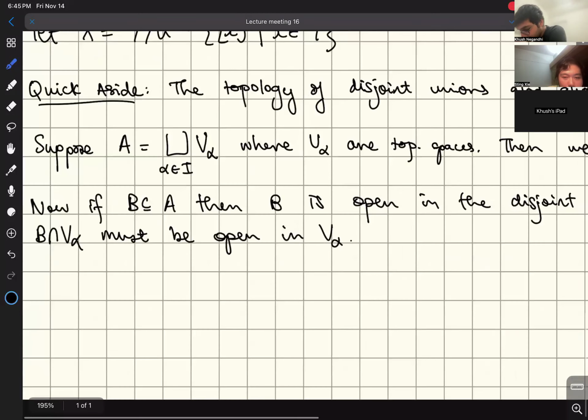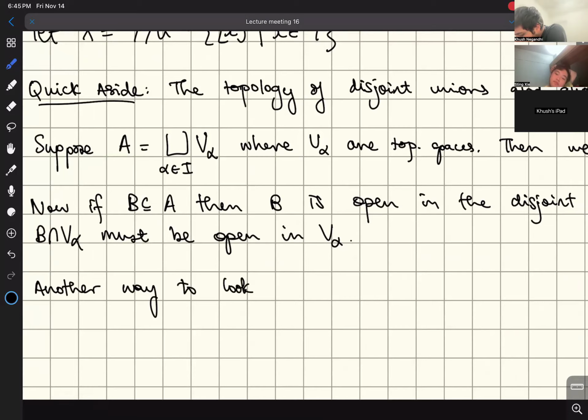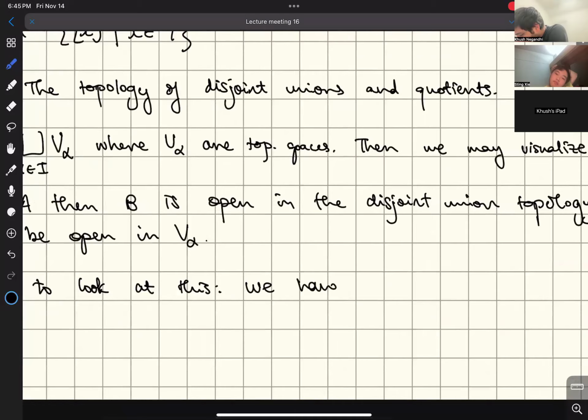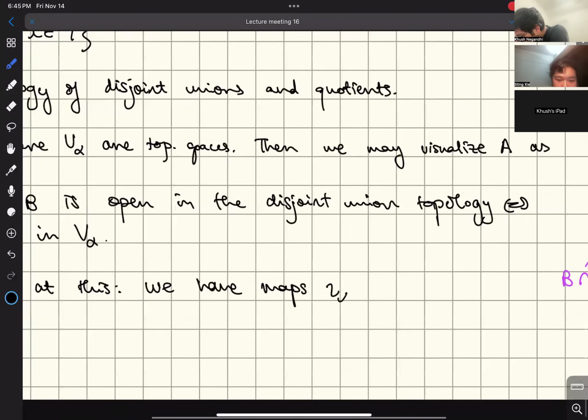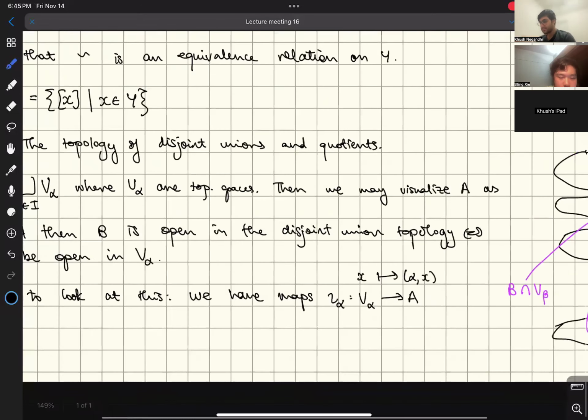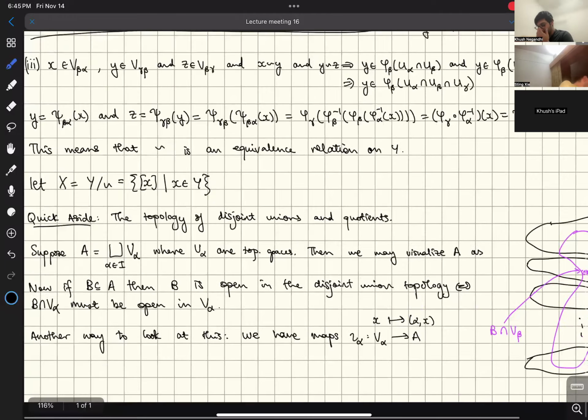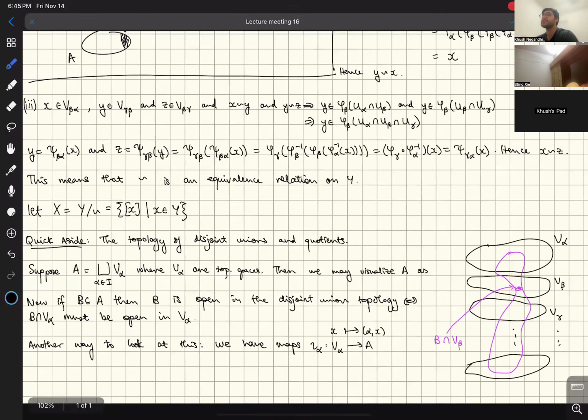Another way to look at this is we have maps iota alpha from V alpha into A. They take a point X and map it into iota alpha of X. Now what we're going to say is that A has the topology that makes every map iota alpha continuous.